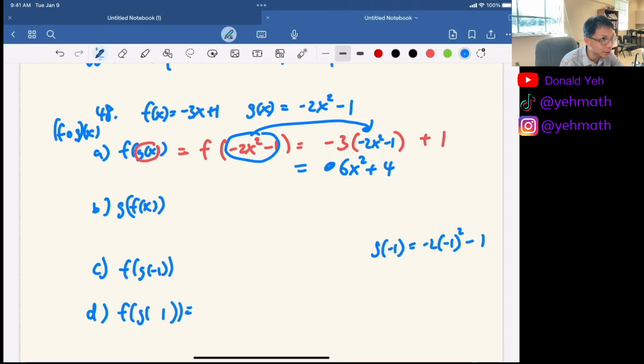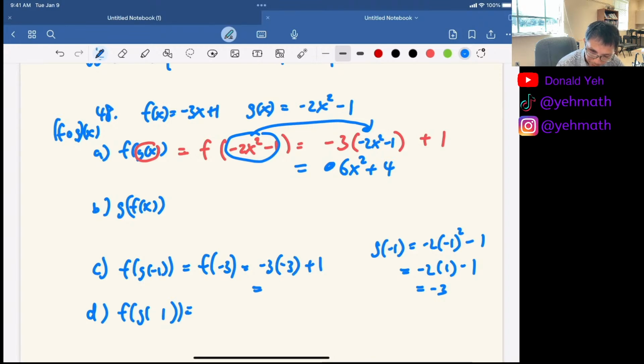Whatever is inside parentheses, you just replace as x. So that's equal to negative 2 times 1 minus 1. So it'd be negative 3. So that means equal to f of negative 3. And I'm going to plug in negative 3 in there. So negative 3 times negative 3 plus 1. That's equal to 9 plus 1, so it's 10. So the answer you got is 10 for C.